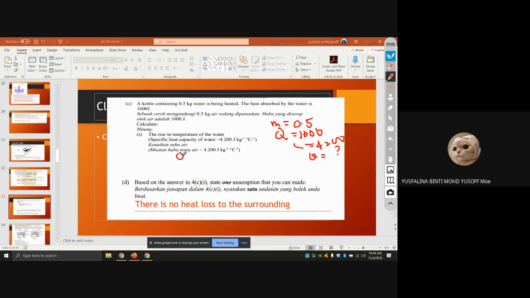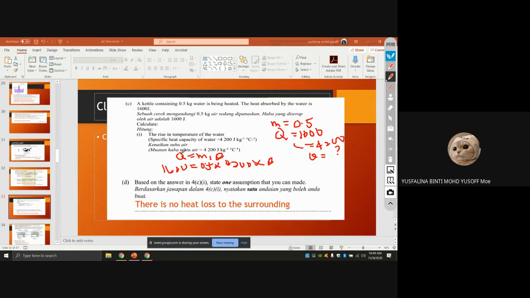So use the formula Q equals MC theta. M is 0.5, C is 4200, theta you need to find, and Q is already given as 1600. So you just divide 1600 by 2100.